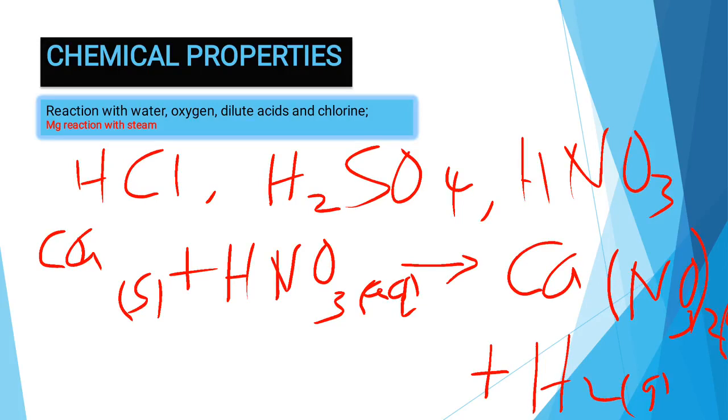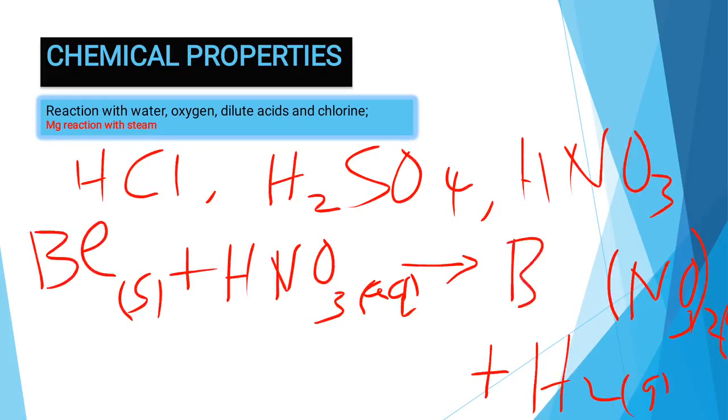Okay? Writing the equation for barium with nitric 5 acid again, we don't need to struggle, students. We just need to come here and replace the calcium in that case with barium. Then we have barium nitrate plus hydrogen gas, and it's done.